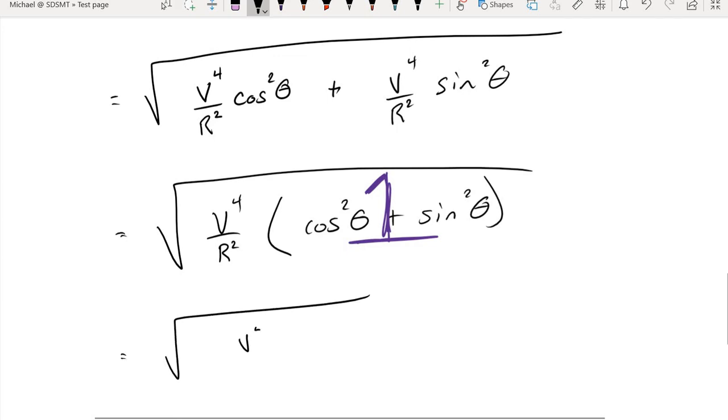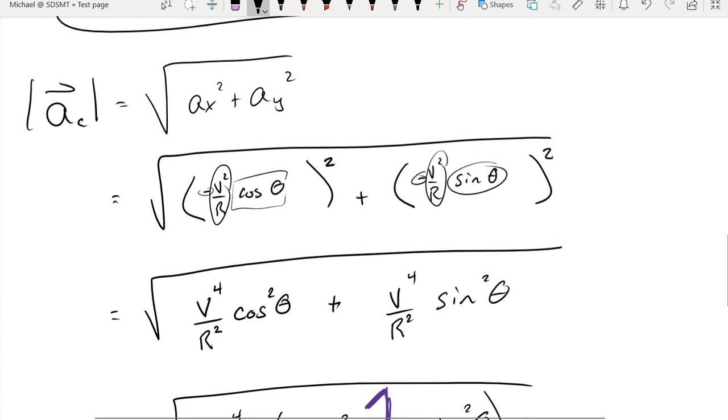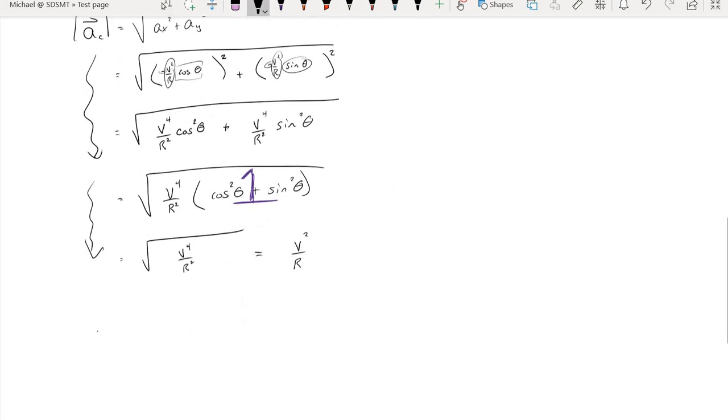And so all that's left is for us to take the square root of this quotient, v to the fourth over r squared, which is now going to be v squared over r. And so we now have the magnitude of our centripetal acceleration. Centripetal acceleration magnitude is v squared over r.